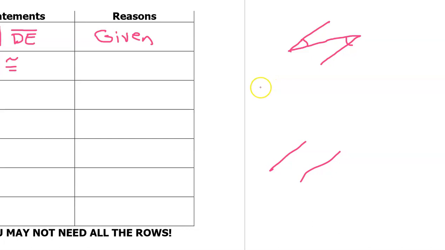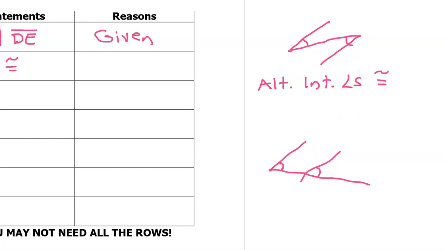And the reason will be alternate interior angles are congruent, because these are alternate interior angles. On the other hand, if the transversal cuts across like this and makes an F shape, see the sideways F? Then the corners of the F are congruent, but these are corresponding.